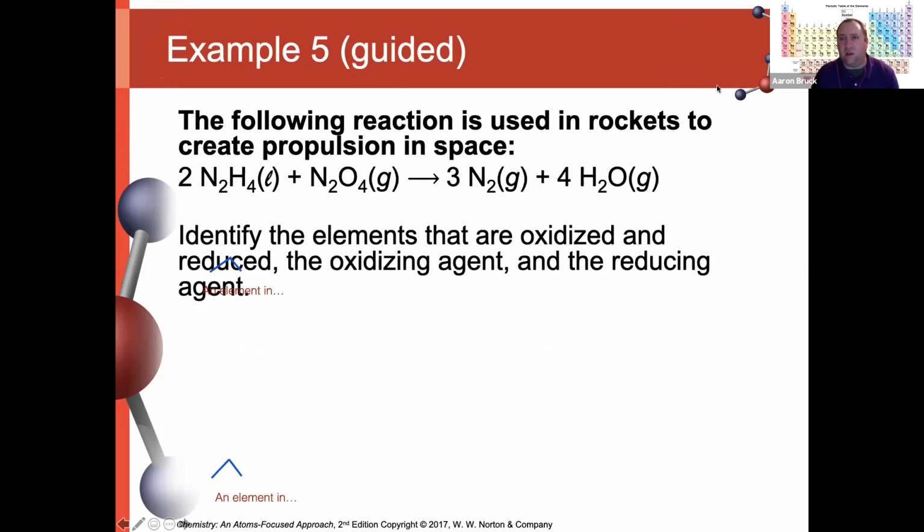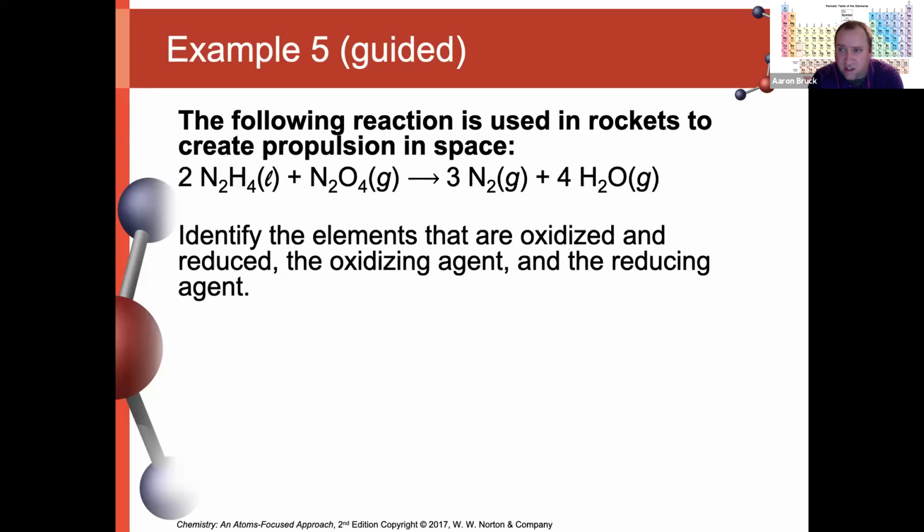So let's get into a problem like this then. Here we have hydrazine, N2H4, reacting with dinitrogen tetroxide, N2O4. And the reaction produces nitrogen gas and water vapor. And this is the primary reaction that has been used for many, many decades for the propulsion of rockets and other things in space.